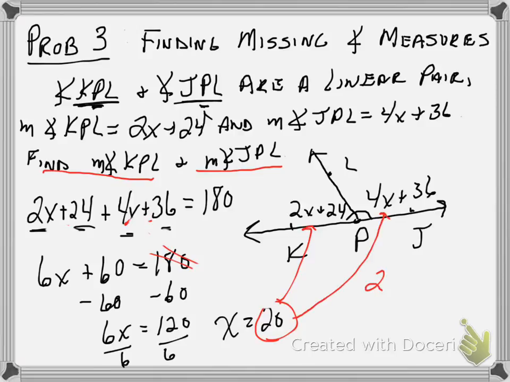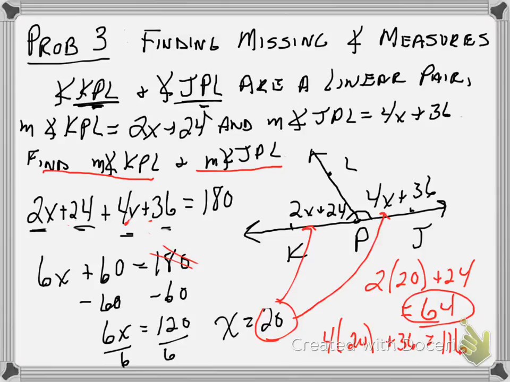So 2 times 20, plus 24 equals 64. And 4 times 20 plus 36 equals 116. So there's my two missing angles. KPL is 64, JPL is 116.